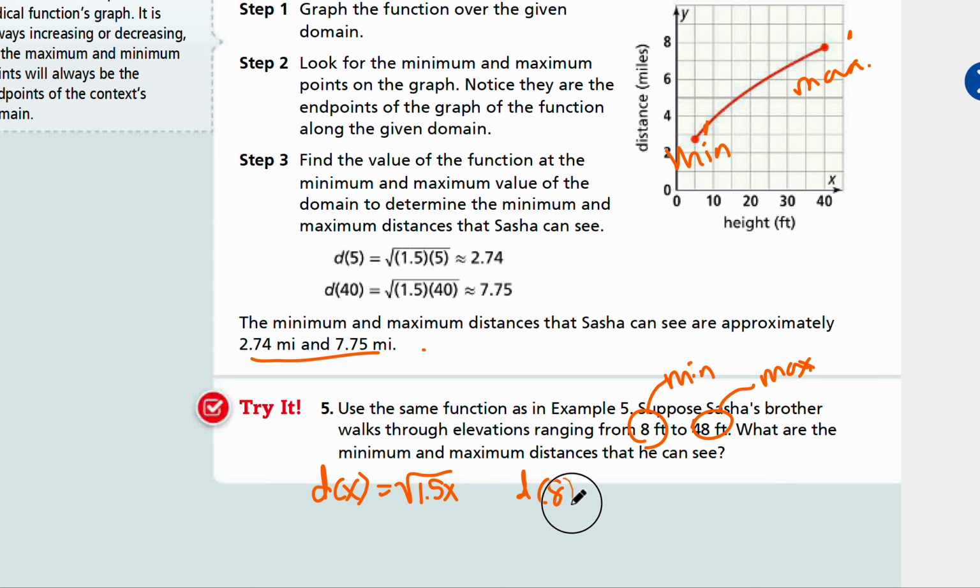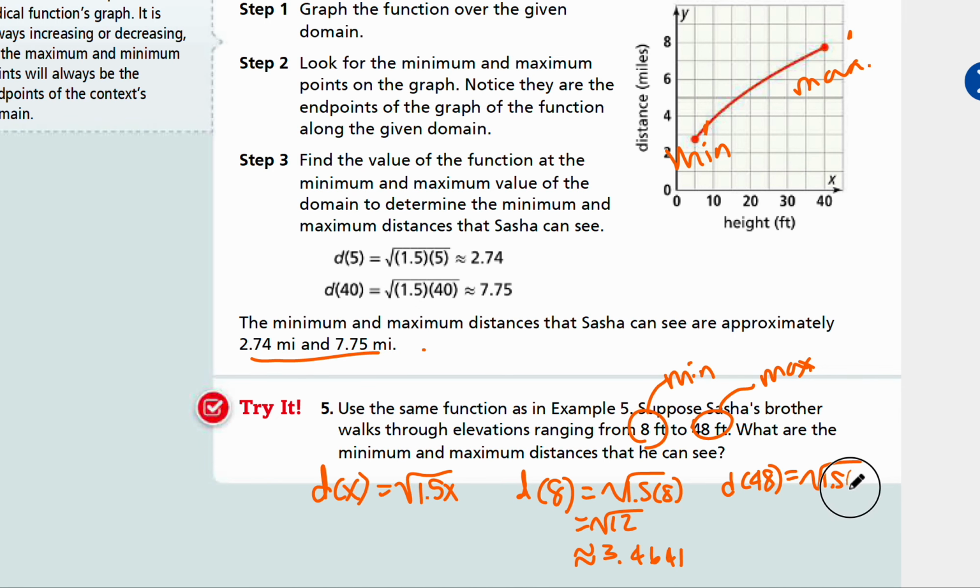D of 8 is root 1.5 times 8, and that's root 12, and that's about 3.4641. And then d of 48 would be root 1.5 times 48, which is root 72, and that's about 8.48528.